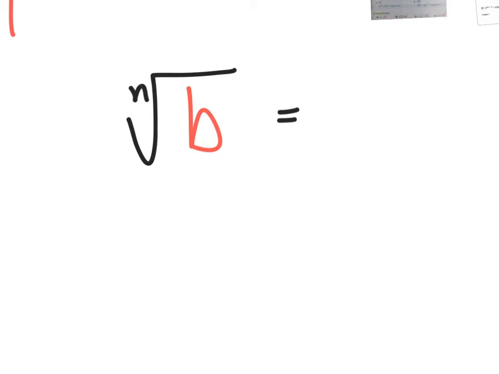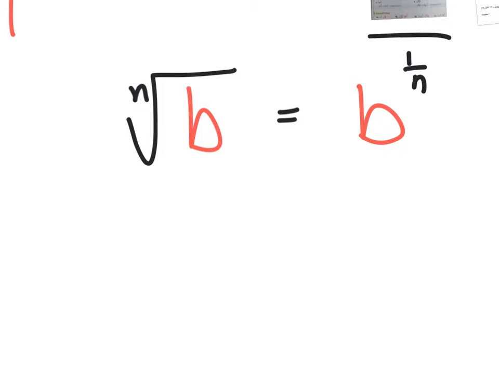But let me tell you this. This radical could be rewritten as the same exact number that's in there, in this case b, but as a rational exponent, it'll be to the 1 over n power. Does that make sense? This is what matters right here, guys.